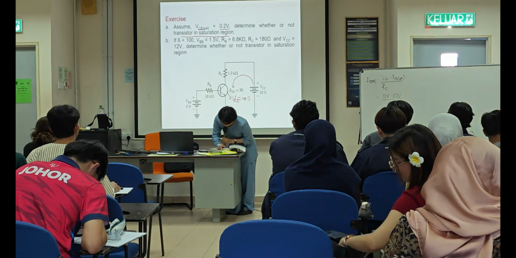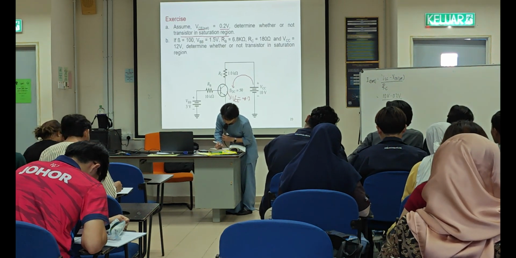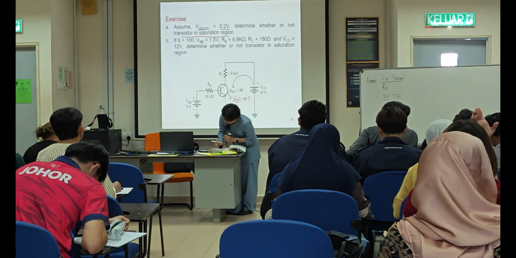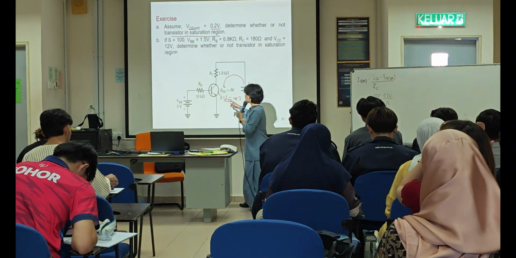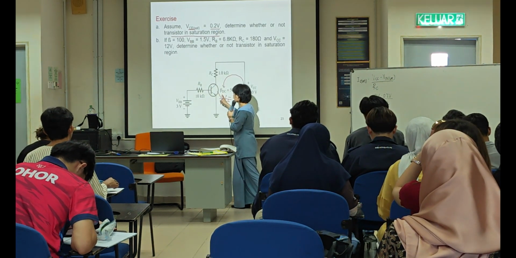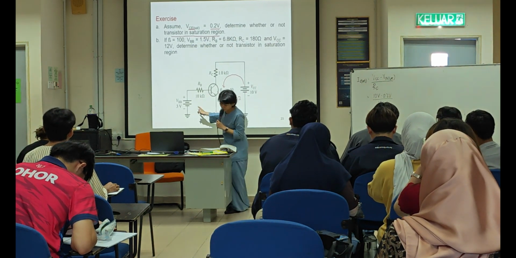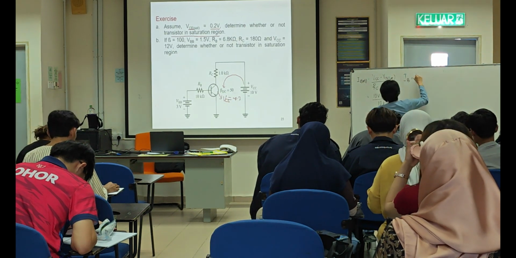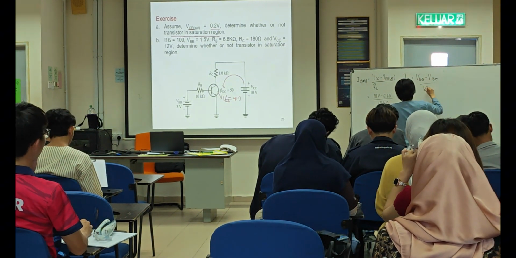Now you see if your IB is large enough, it will produce your IC saturation. So now you want to calculate your IB. You know your formula: IB is VBB minus VBE divided by your RB.